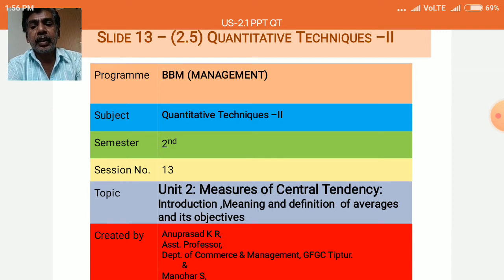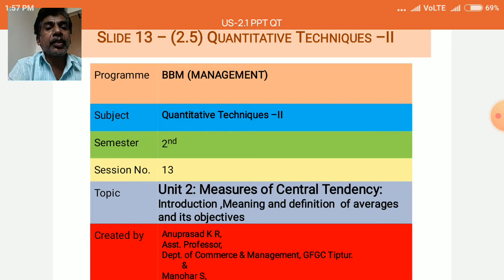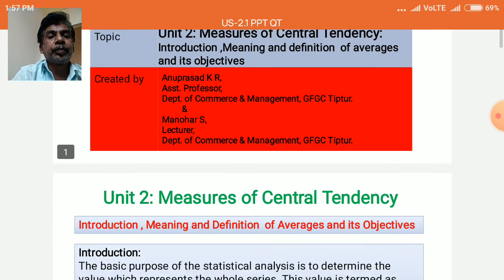So the first of such measures is the averages or the measures of central tendency. Measures of central tendency is a typical value of the entire group or the data. It describes the characteristics of the entire mass of the data.